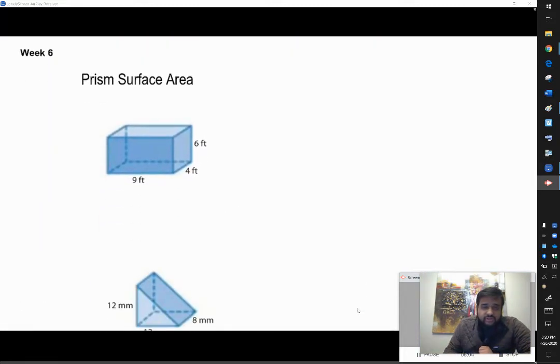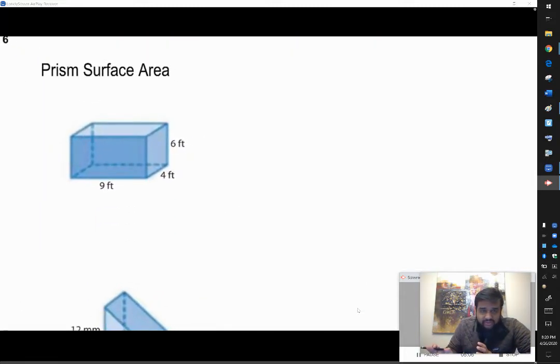Now, prism surface area is probably something you saw in earlier math classes, maybe even elementary school. It's really, really simple. When it's not a rectangle, you may have to use a formula, but even then you can do it without a formula. Something like this, and we'll do more proper examples during Zoom class, but really you just think of this as the 6 sides of this box.